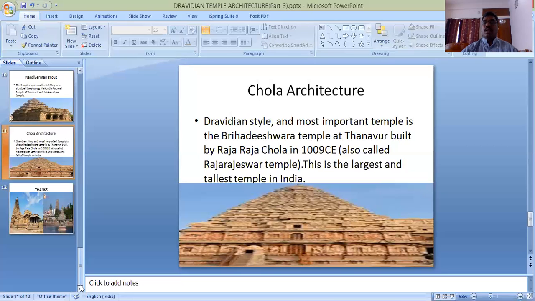As I mentioned here, Pallava temple architecture and Chola architecture are Dravidian or South Indian temple architecture.